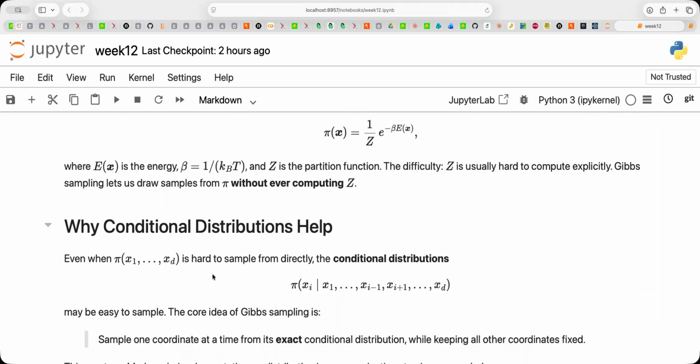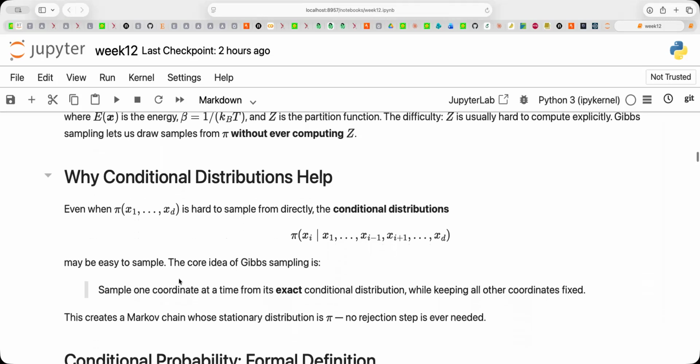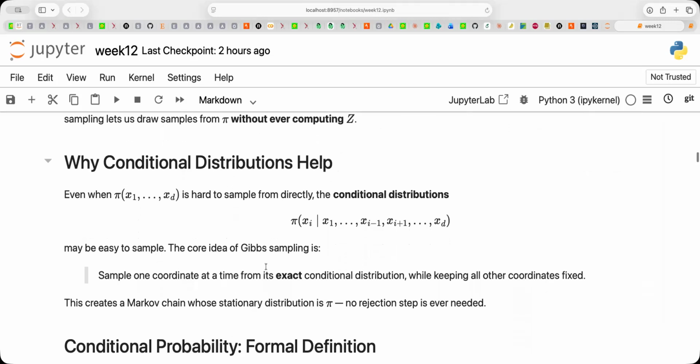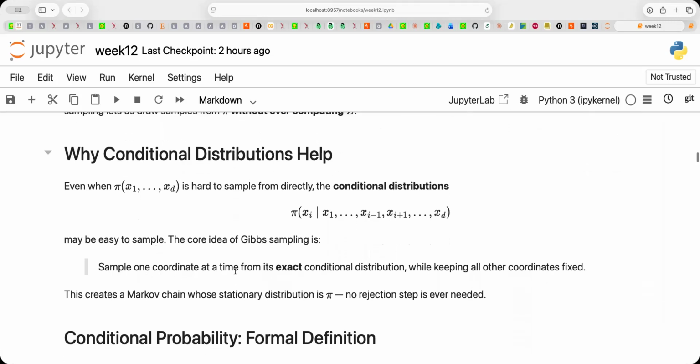The conditional probability is actually given by this, and then you use that one to reconstruct the full probability. So it may be easy to sample, and the core idea of Gibbs sampling is that you sample one coordinate at a time from its exact conditional distribution. Okay? With these Boltzmann machines, as you saw before the break, we actually have analytical expressions for the conditional distributions, based on all the other ones.